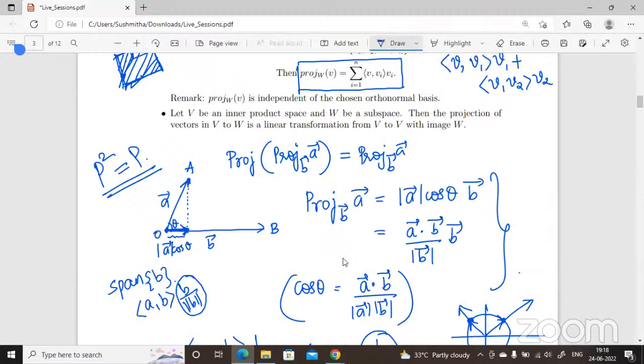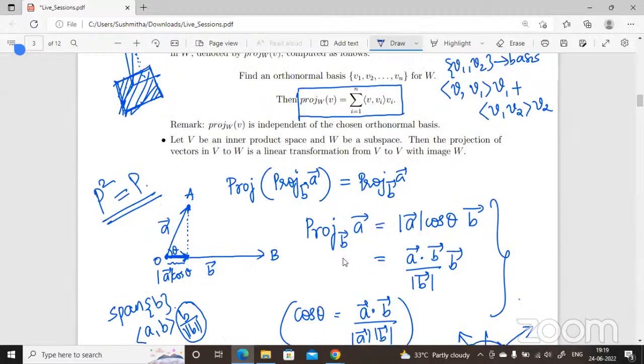So now this is one line. What happens if I want to project it on a plane? If I want to project it on a plane, it's going to be more than one dimensional, right? A plane is two dimensional. So in that case, I'll have two vectors in the basis.